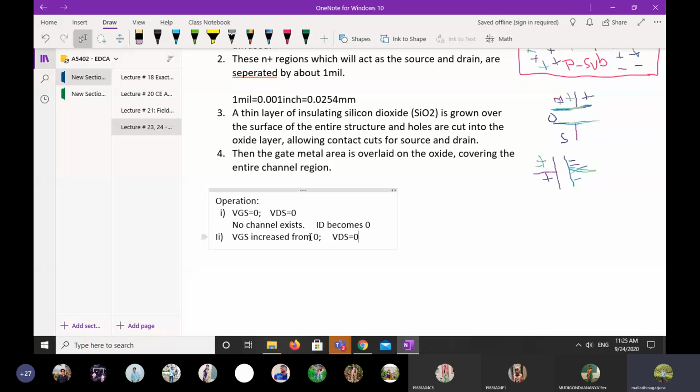The second step is the input is increased from 0, but the output is maintained at 0 again. Now what happened? Is the channel created, yes or no? If you apply Vgs increased from 0.